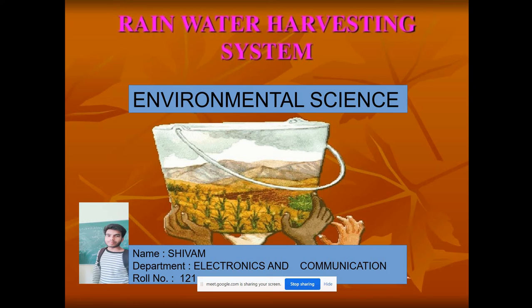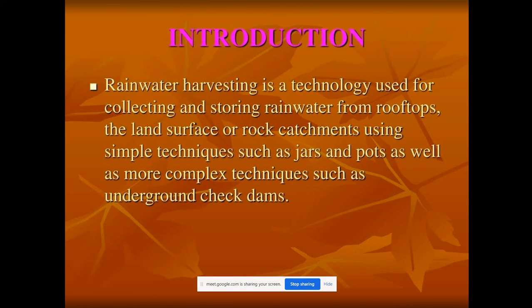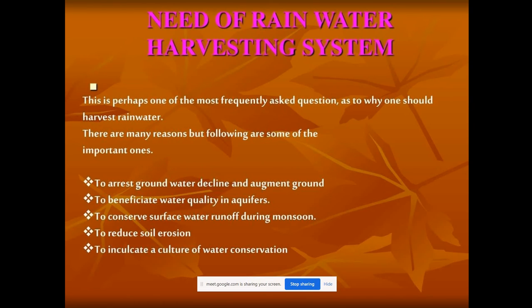Myself Shivam Kumar. My presentation is on the rainwater harvesting system. Introduction: a rainwater harvesting system is a technique used for the collection and storing of rainwater from rooftops and land surfaces or rock catchments, using simple techniques such as jars and pots as well as more complex techniques such as underground tanks. The need for rainwater harvesting: the most frequently asked question is why we should harvest rainwater.